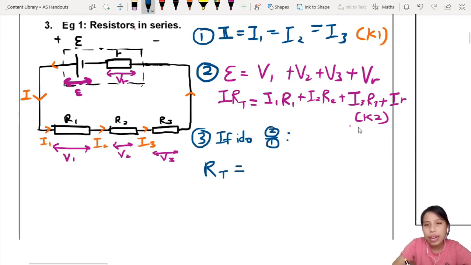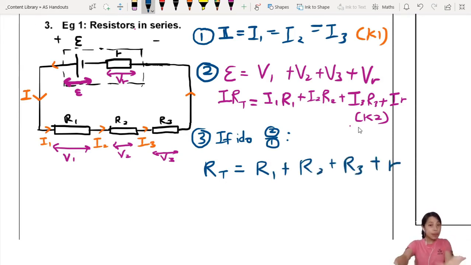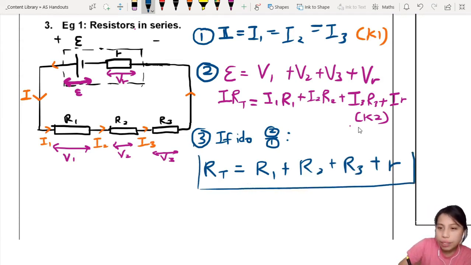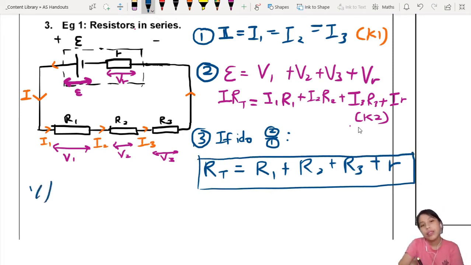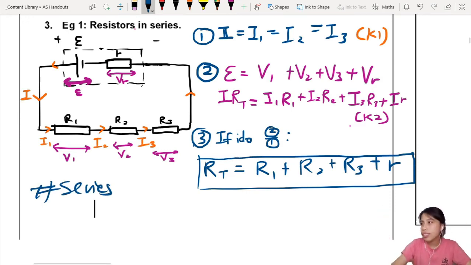Divide everything by I, then all gone already. So all you are left with is R_T equals R1 plus R2 plus R3 plus little r. And where have we seen this before? This is the equation for resistors in series. If you have anything in series, you just add their resistance together. Done. So that's how you can deal with things like that.